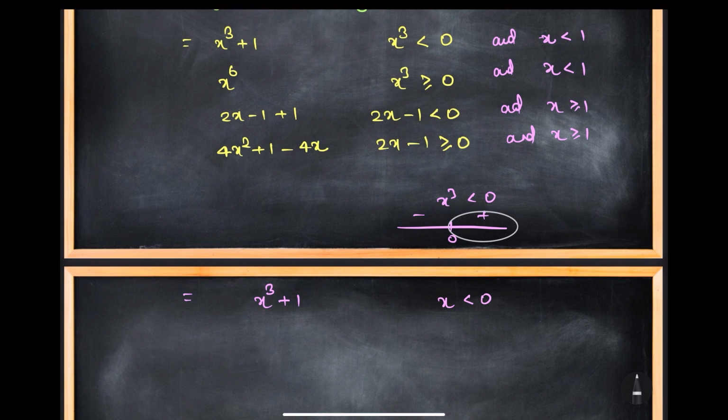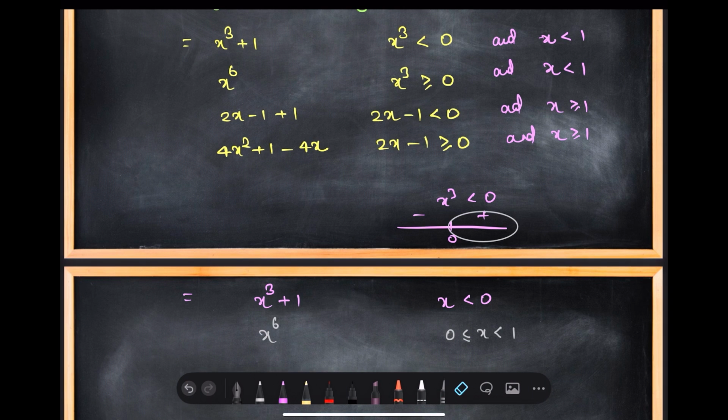So can I say that x will range from 0 to 1? 0 is included this time, 0 to 1. Okay, because they are saying that it is behind 1, right? So this is okay. So it is x power 6. So the second definition is x power 6. Now focus on the next component.